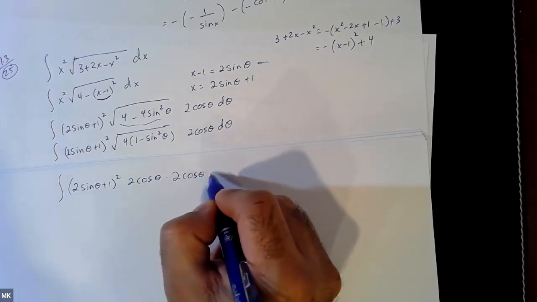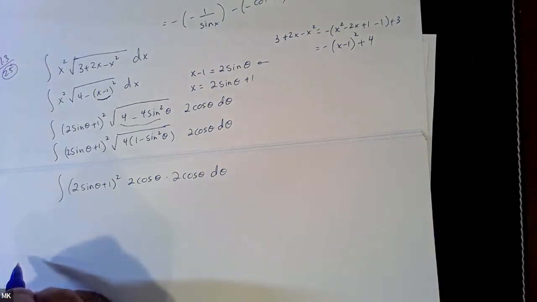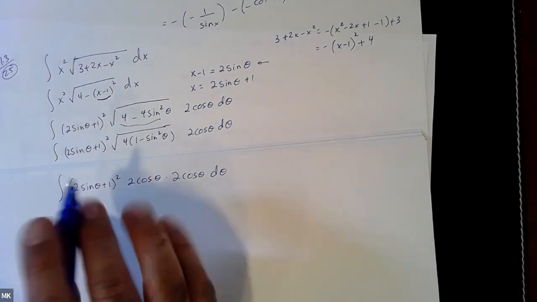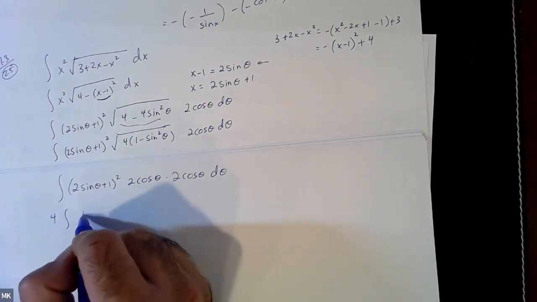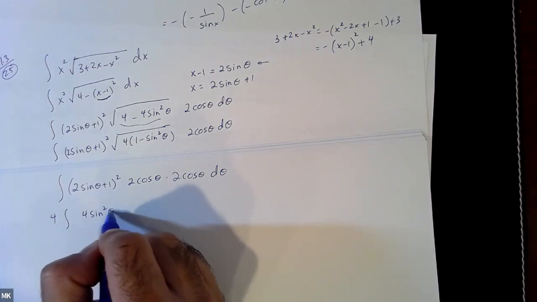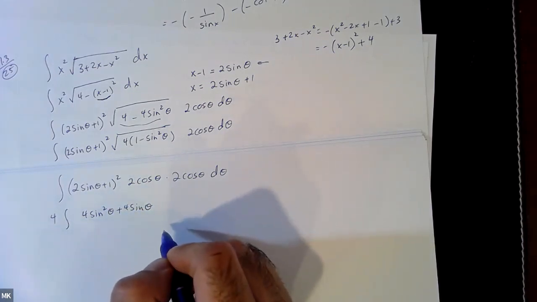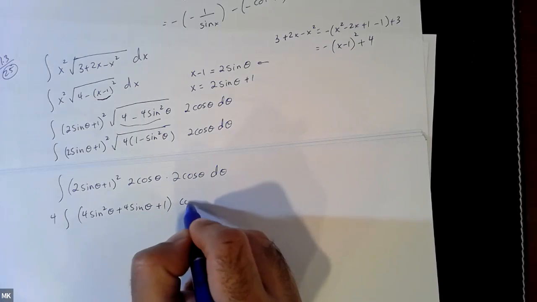We see something's happening here, right? It's going to be fun. So I got a 2 here, and a 2 there, which is 4. I have 4 sine squared theta plus 4 sine theta plus 1 times cosine squared theta.